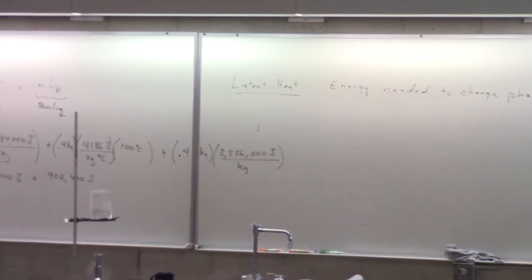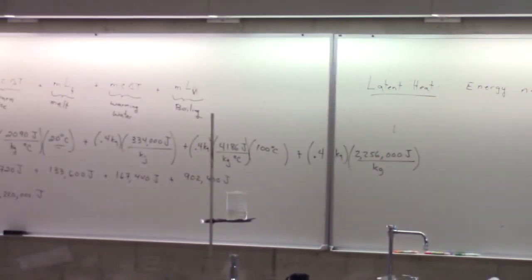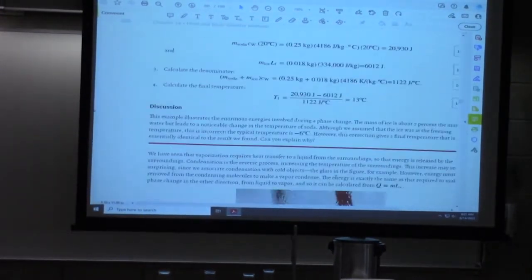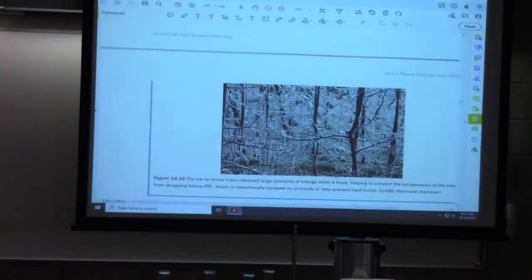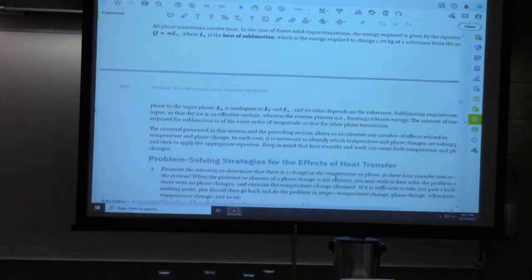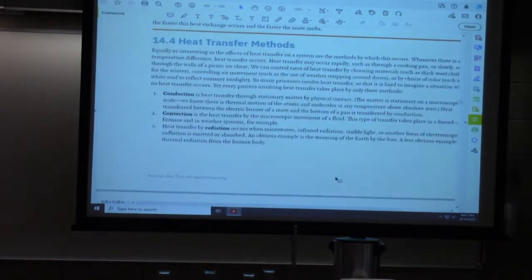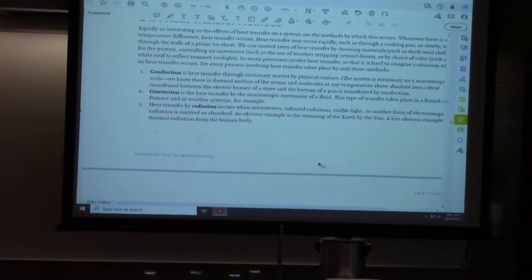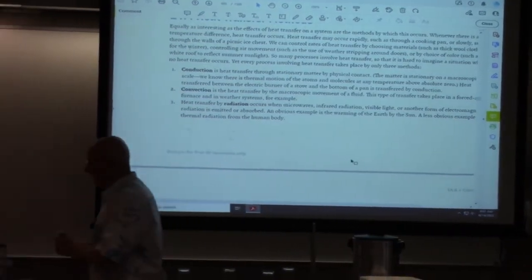Now, as your author continues, the second half of this chapter is more of a discussion along these lines. And it says, okay, how does the energy go from one object to another? Now that we've just talked about calculating how much, let's go into the mechanism of how it goes from one to another.